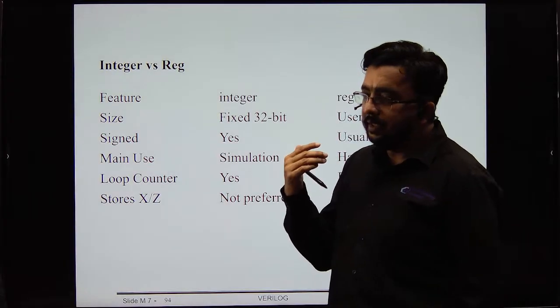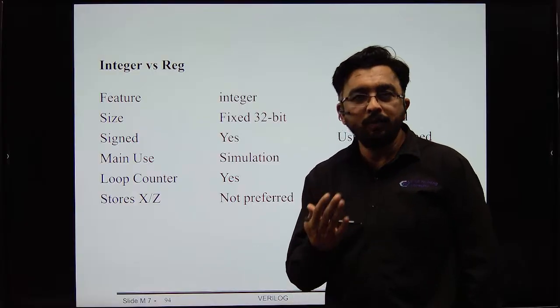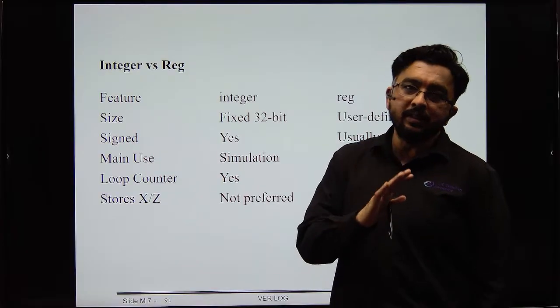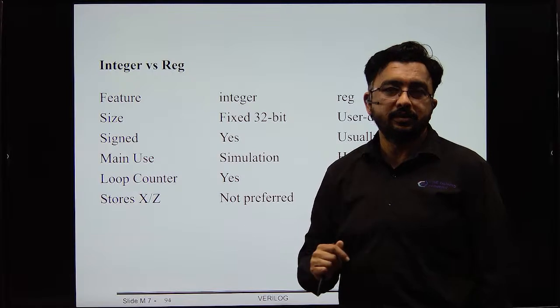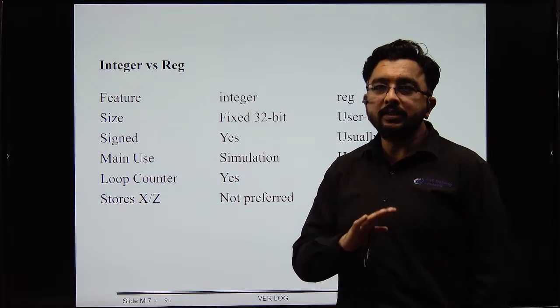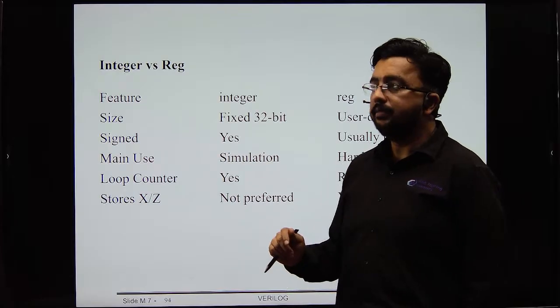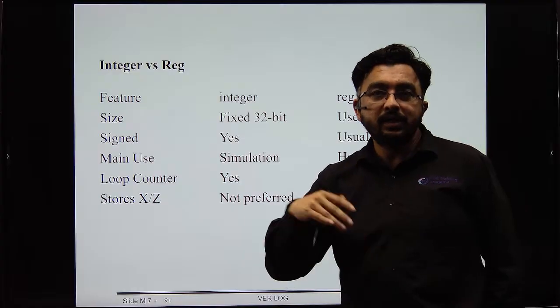As I mentioned, integer is a data type which stores values in numeric form for computation purposes, having both signed and unsigned. The default value is x, and the integer range is -2^31 to +2^31, and it also includes 2's complement.